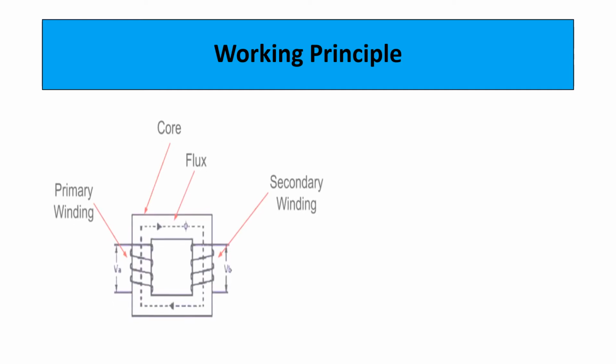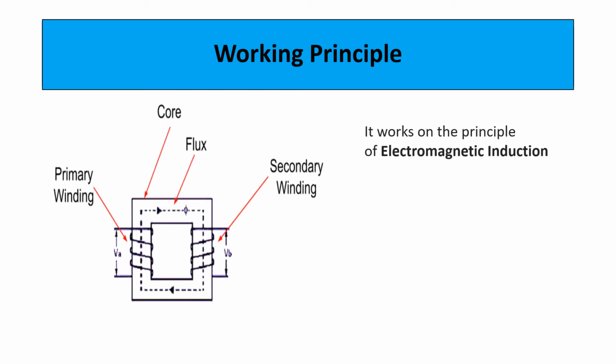A transformer works on the principle of electromagnetic induction. AC input voltage is given to the primary winding. AC means alternating current. Alternating current or varying current produces a varying magnetic field in the primary coil. This varying magnetic lines of force is called flux.